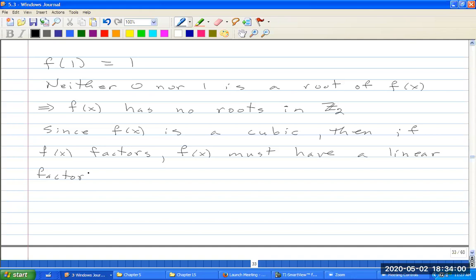But we've shown that f cannot have a linear factor because there are no roots. But then this would imply that f has a root in Z2, and it does not.